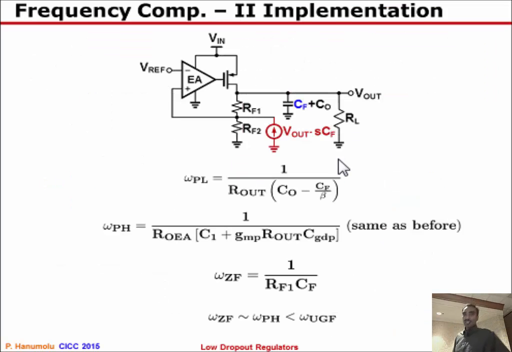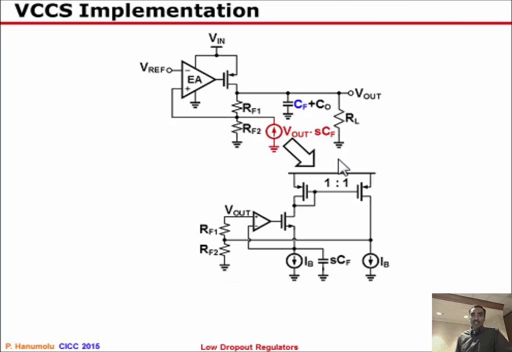Okay, so if you can do that, then the overall LDO is going to look something like this. The CF can be combined with the output capacitor, and this is really the current that is injected into the Vx node. Okay, so this will give you the 0 frequency, and by choosing CF capacitor, you can always place the 0 to be within the unity gain frequency.